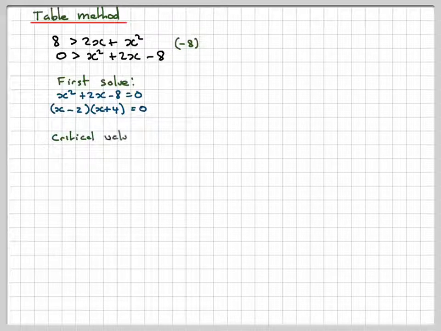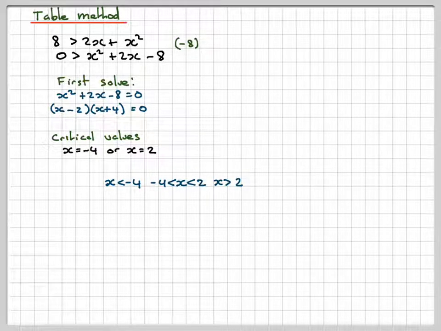Again, we get the critical values of x is minus 4 and x is 2. Right, so what you do now is you make a table. You take the lowest value, which is minus 4, and you do x is less than minus 4. Then you take the upper value and you find where x is between minus 4 and 2, and then x is greater than 2.